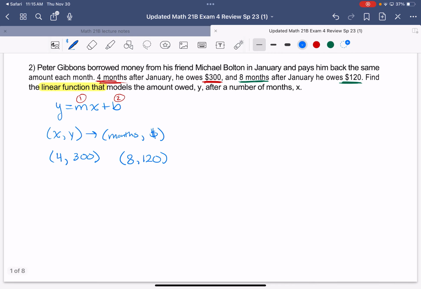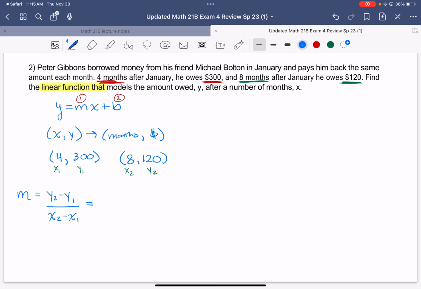First, we look for the slope. So recall the slope formula is y2 minus y1 over x2 minus x1. If it's helpful for you, feel free to label these points. I'm going to call this my x1, y1, and my x2, y2. So it's just a matter of substitution.